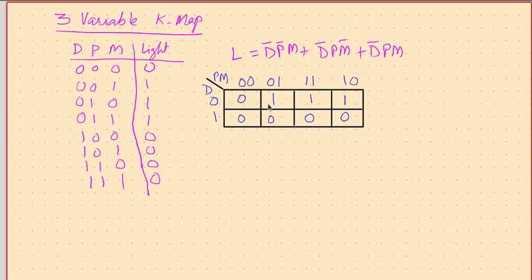So we have this one pair possible, this one pair possible. So these two pairs are taken together. This pair is number one, this pair is number two.